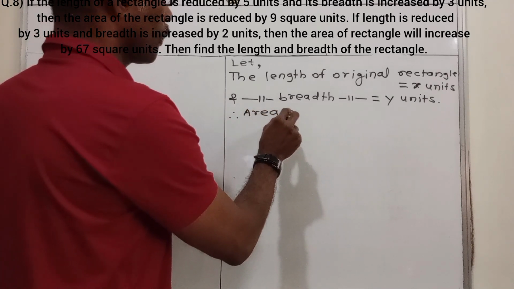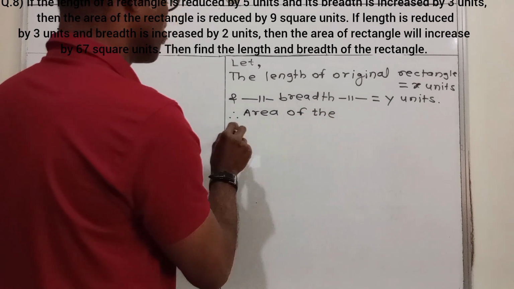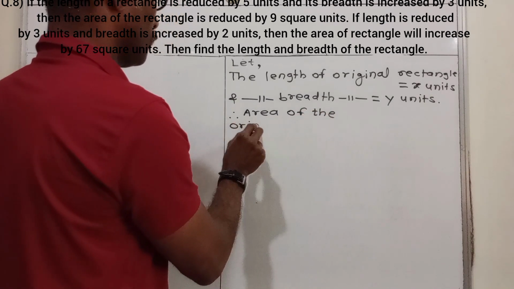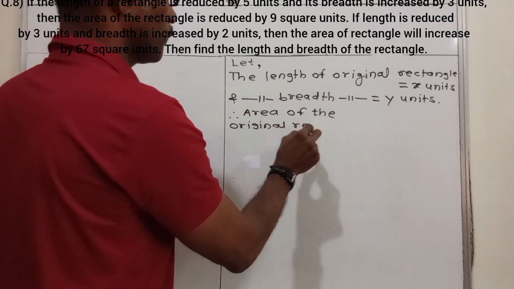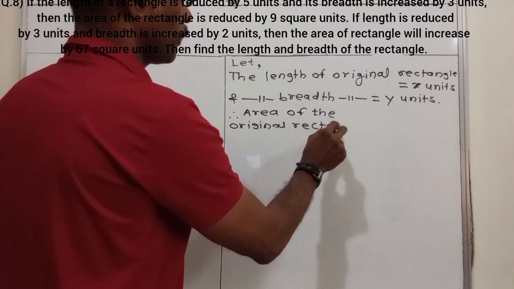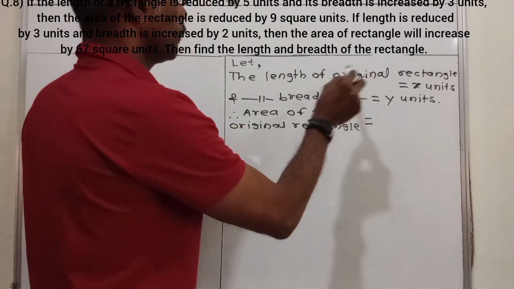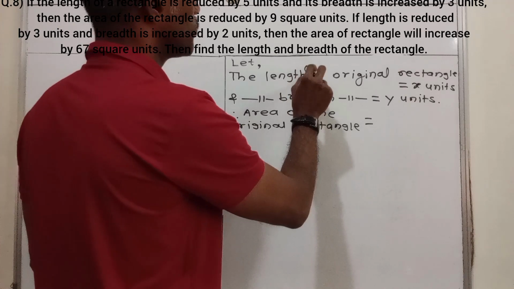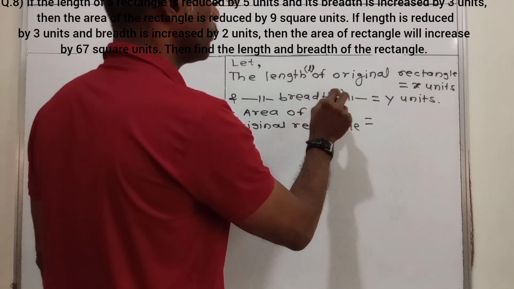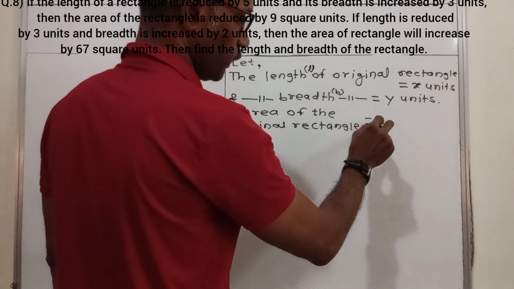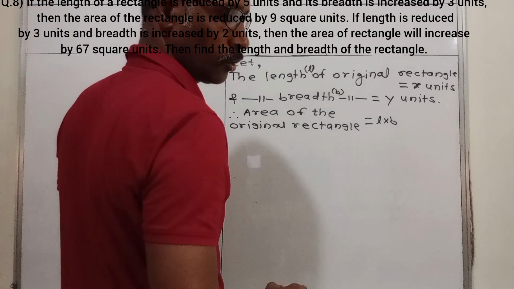Therefore, area of the original rectangle is equal to length, we represent here L, and here breadth B. Therefore, we write here length into breadth.